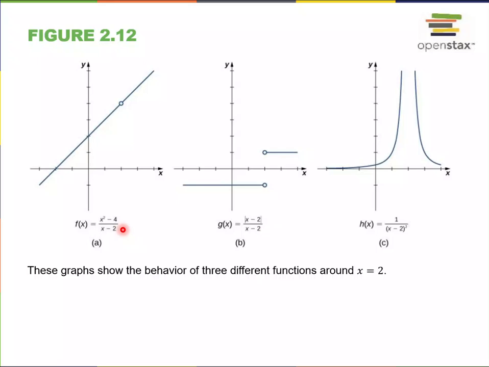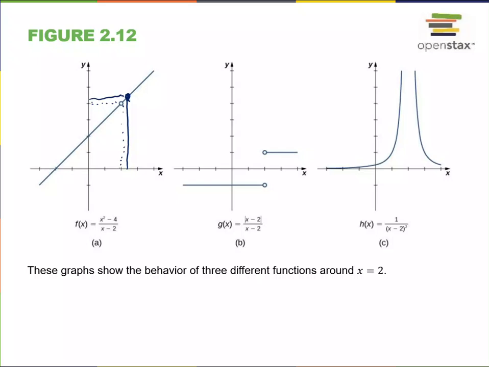But for the limit, we want to take a look at the points around them. So say on this very first function, just eyeballing the graph, we can't do x equals 2 because it's undefined, but we can see that if we did points really close to it, the outputs seem to be getting closer and closer to 4.